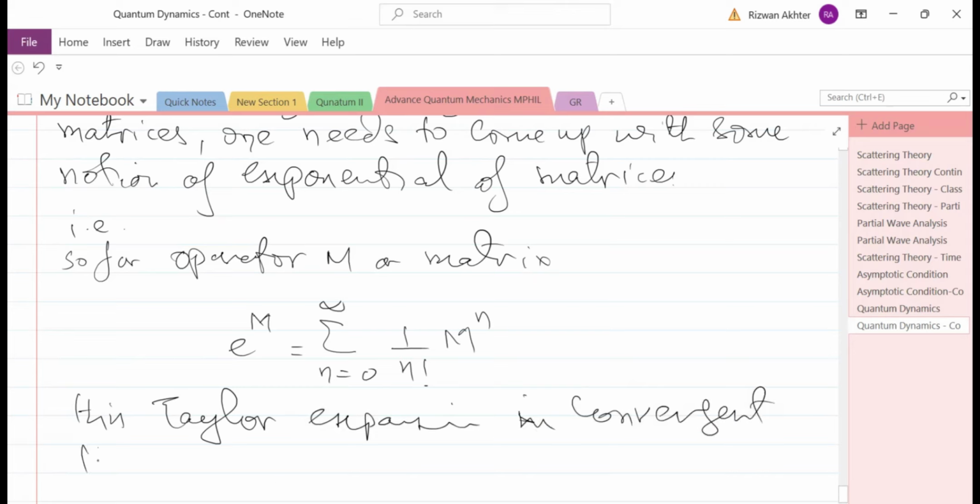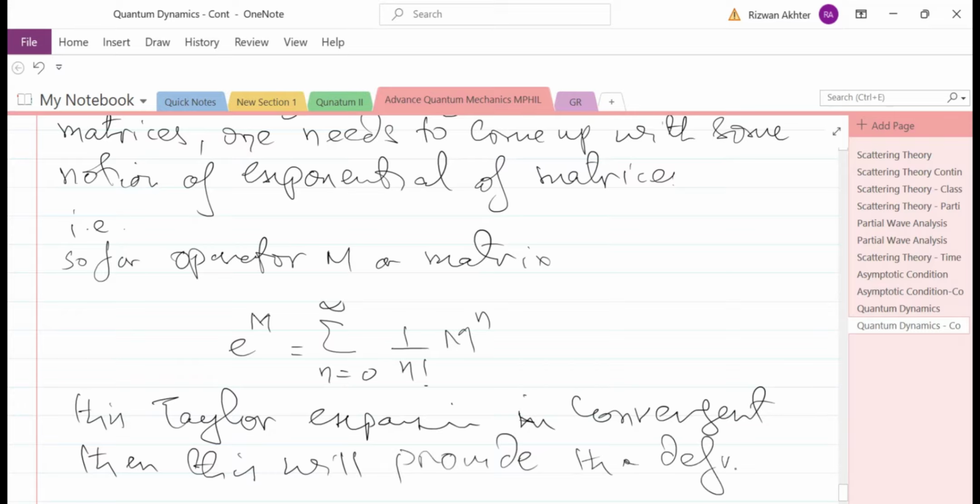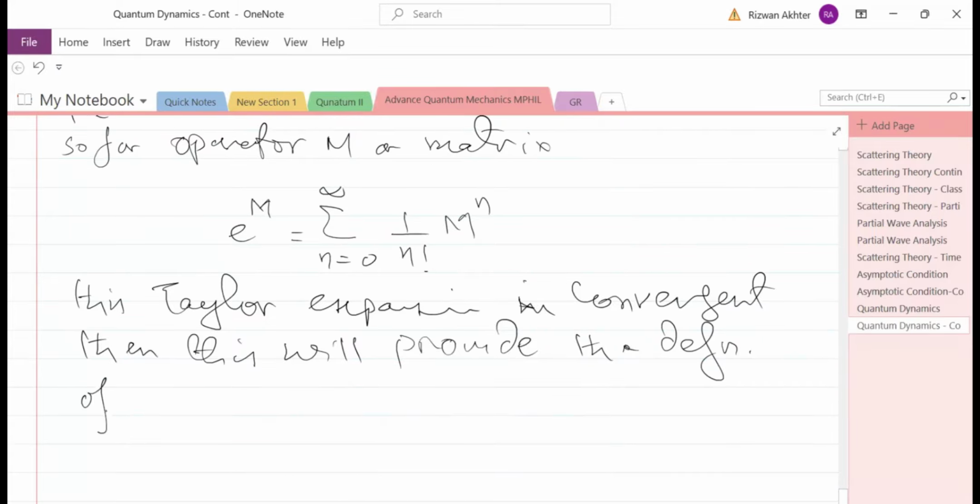Then this will provide the definition of the operator. Yeah. So what does it mean?